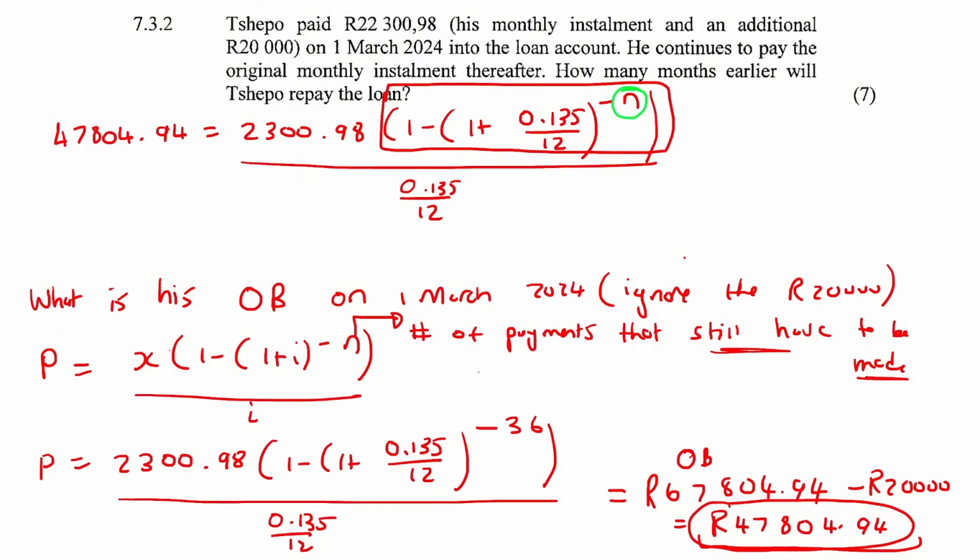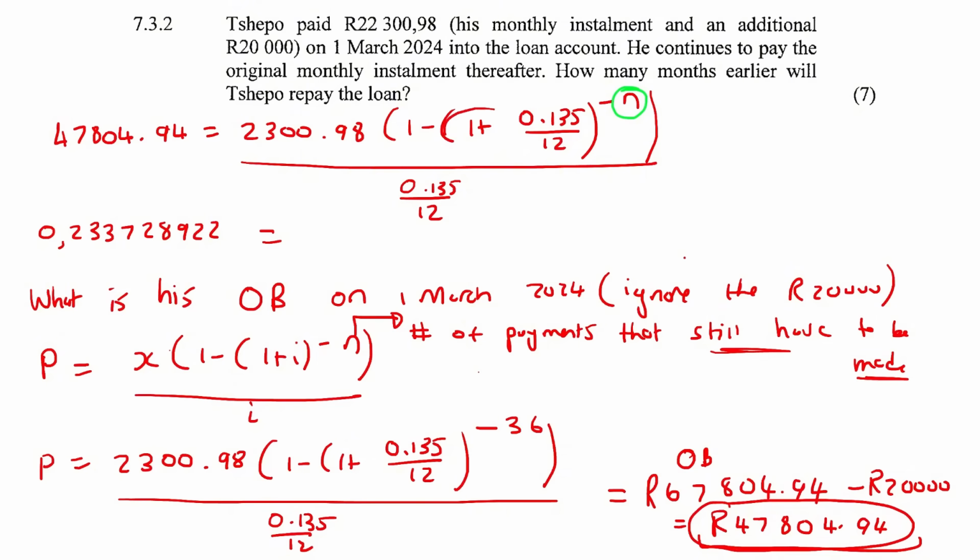And so you're going to end up with 0.233728922. Let me just double check. It's 2272892. Okay. And then on the right, if you type that on your calculator, we now have 1 minus. I don't need these brackets anymore, because those brackets were only keeping this and this out, but we've gotten rid of those now.